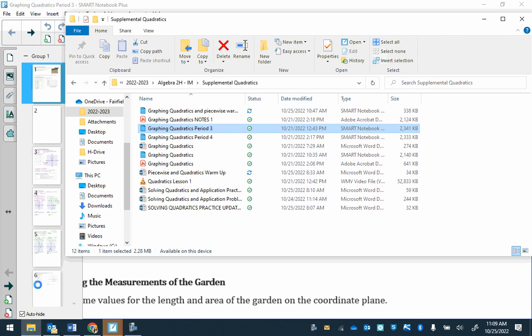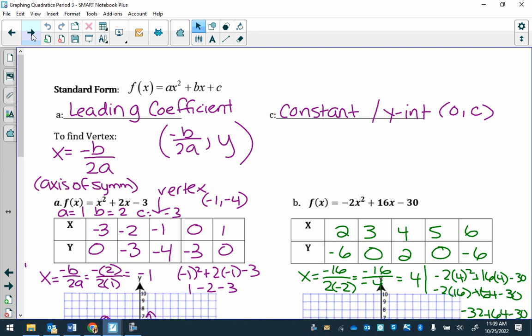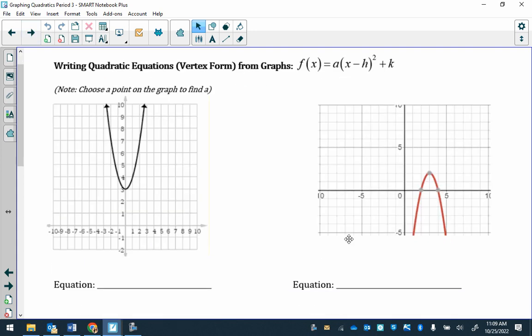Current packets, and we skipped over a few. We skipped over these. Here you go. You're welcome. We're on page 6.